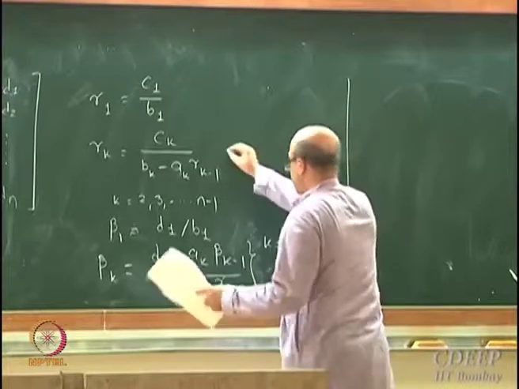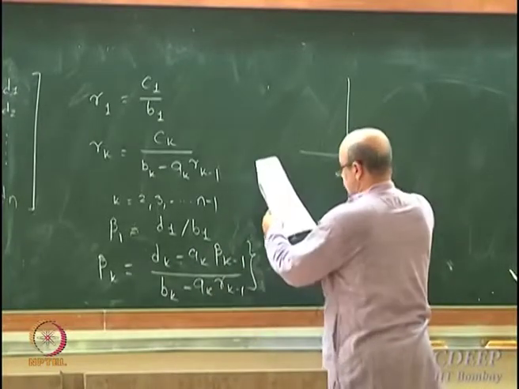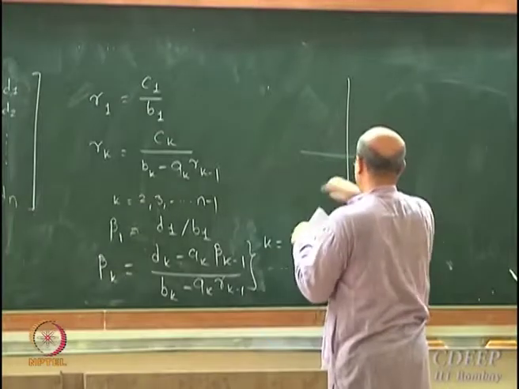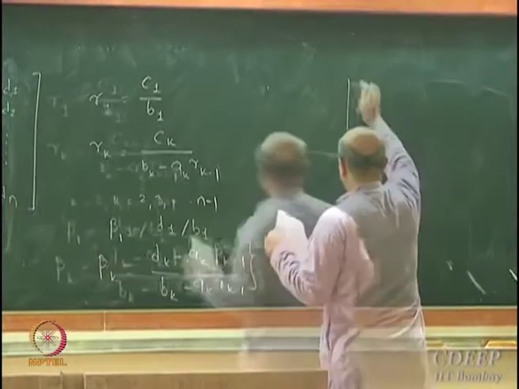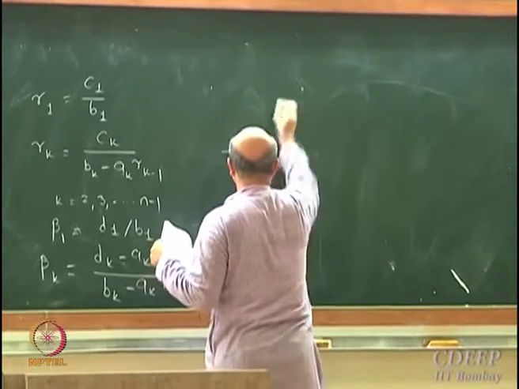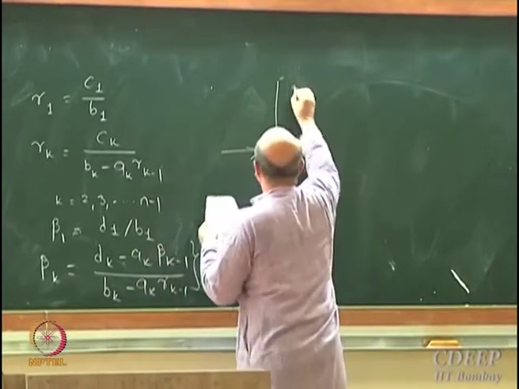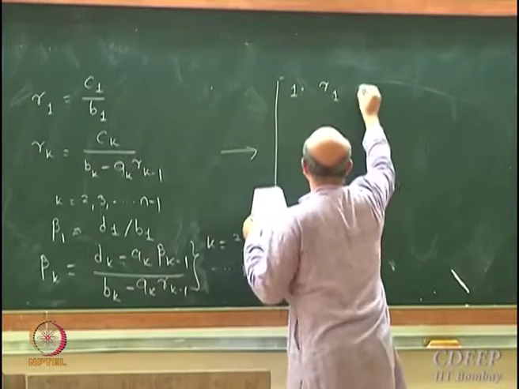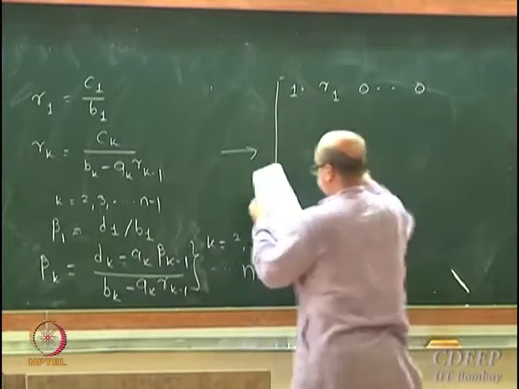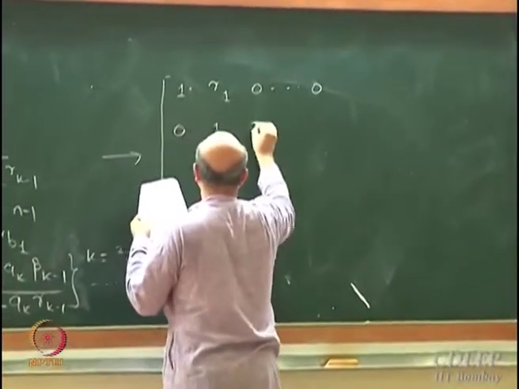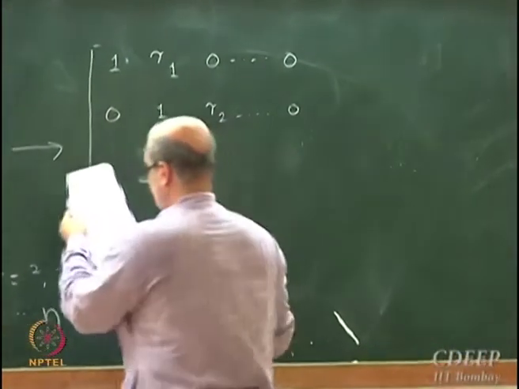After doing these operations, I am going to get this new matrix, which will look something like this: 1, gamma 1, 0, 0; 0, 1, gamma 2, 0.